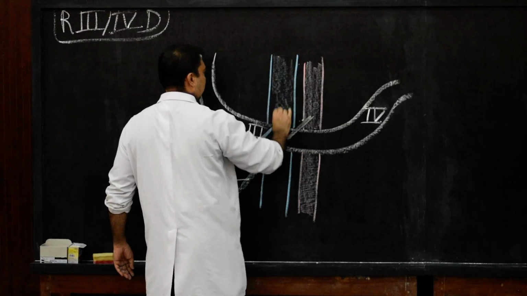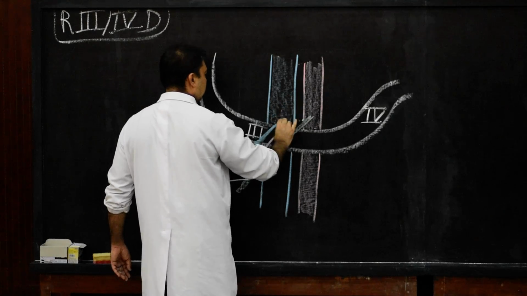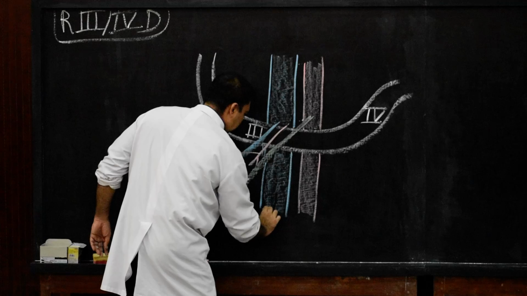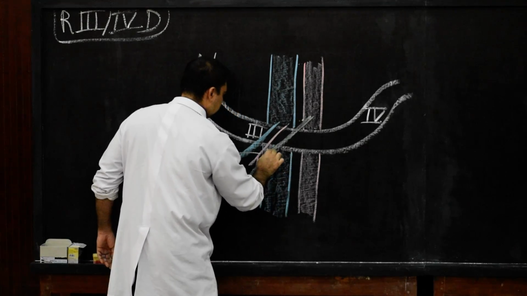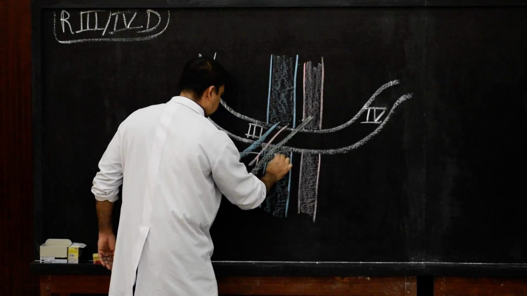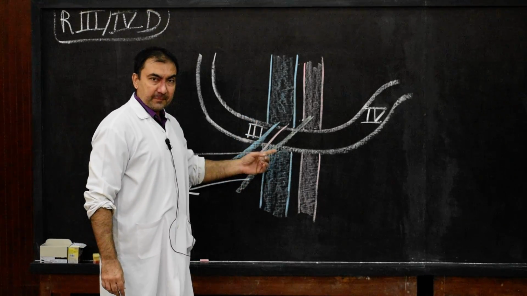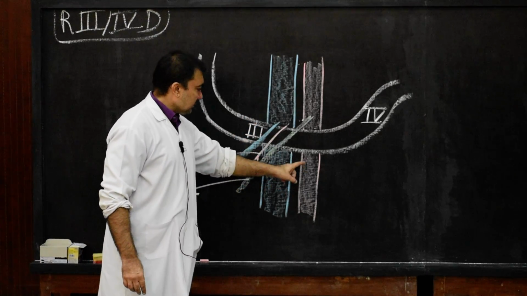So please draw this structure, the inferior vena cava, on the right side of the aorta. Giving color to the inferior vena cava here, this blue color is the inferior vena cava. This is the first structure on the posterior surface. The second structure on the posterior surface of the third part of the duodenum is the aorta.